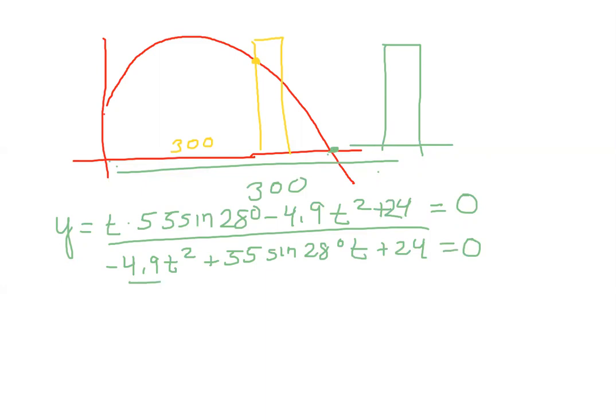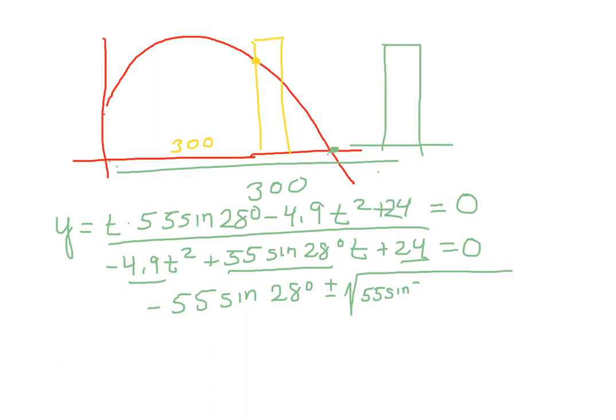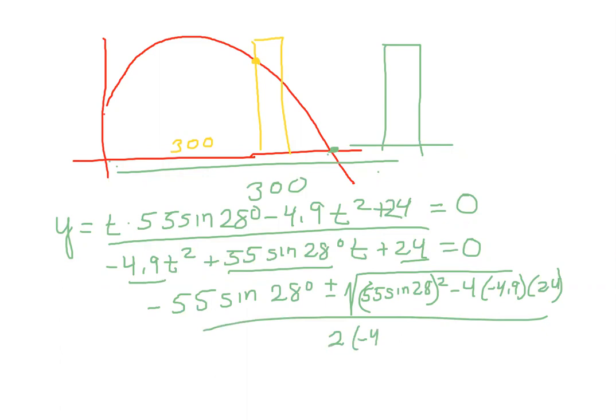And here's our A, here's our B, here's our C, and we're going to say the opposite of B plus or minus the square root of B squared minus 4 times A times C all over 2A. So you're going to do this all on your calculator and you're going to get 2 answers.